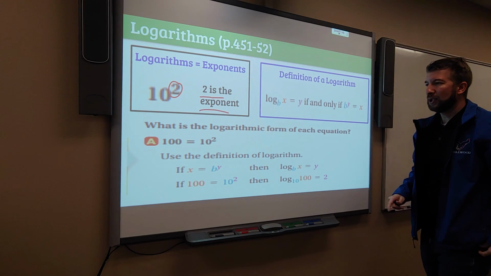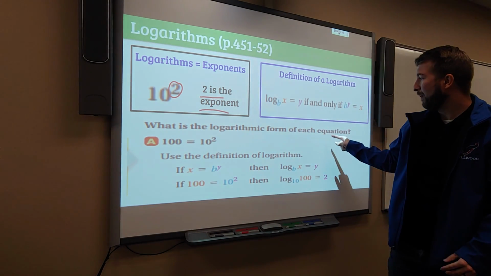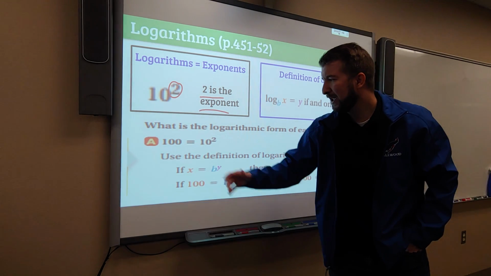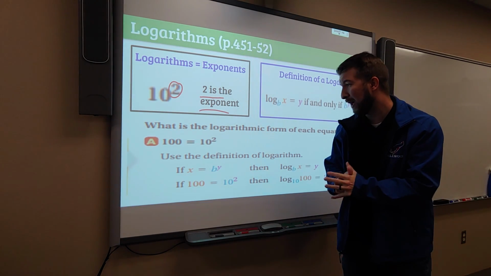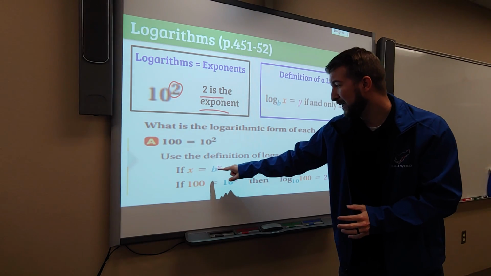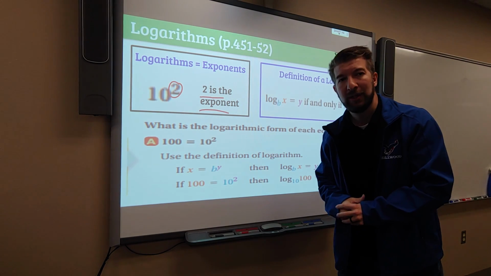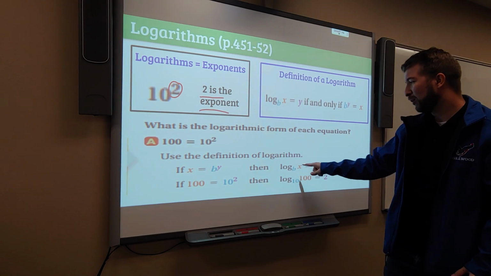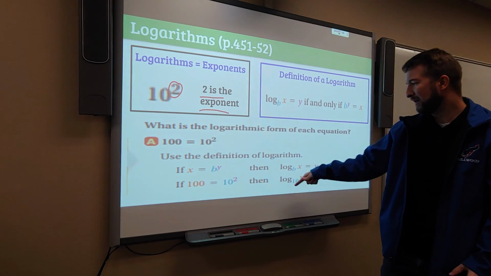So what is the logarithmic form of each equation? We have the exponential form of 100 equals 10 squared. We look at the definition of logarithms: x equals b to the y. Remember, the y and x are going to switch, and the b becomes the base.